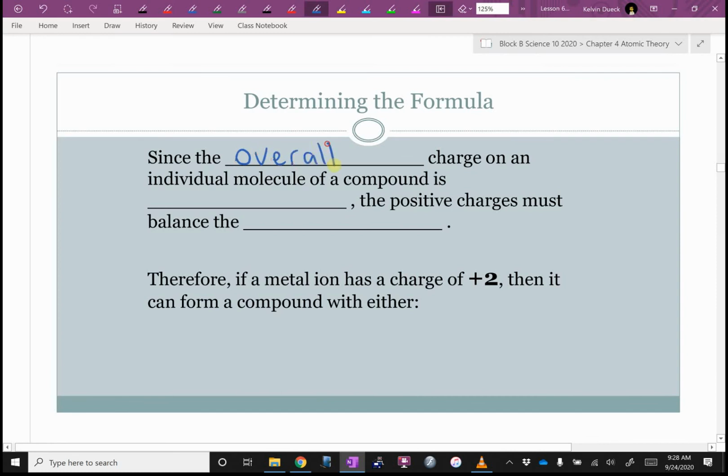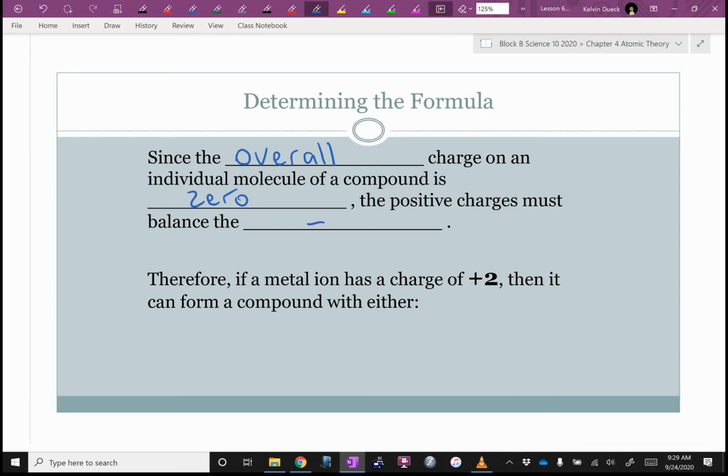Since the overall charge in an ionic molecule is 0, the positives must balance the negatives. So, as an example, suppose a metal ion is in column number 2, where they all have a charge of 2 plus.